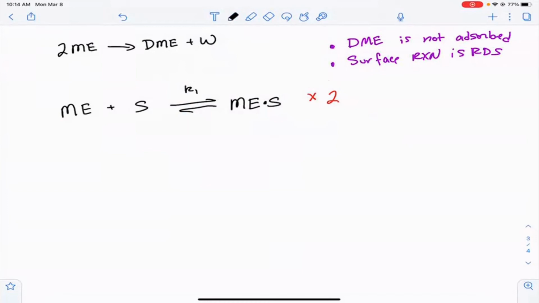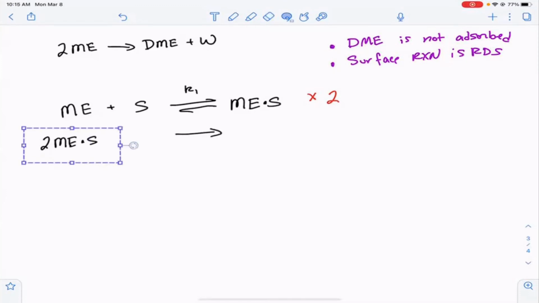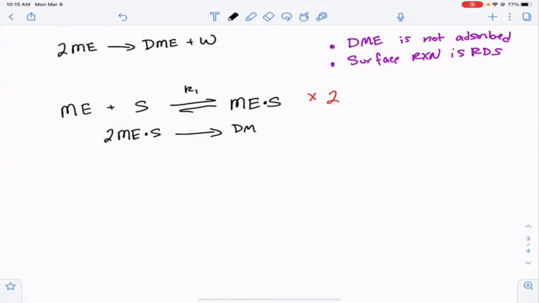So if we then have 2 of these adsorbed species, what happens in the reaction step? Well, we know then that is going to be transformed into our products. And of course, our first product is DME. But we know then that the second product, W, is adsorbed.